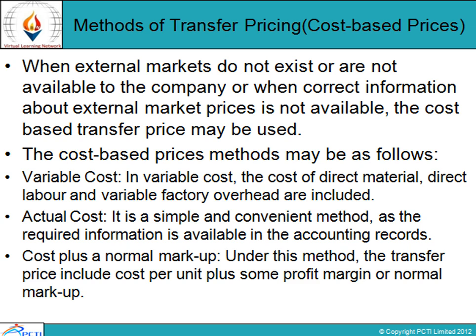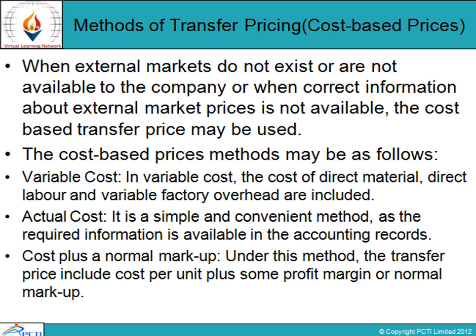Another method of transfer pricing is cost-based price. जहां पर in a situation where external markets are not available, when they do not exist, the company collects the information about the external prices.